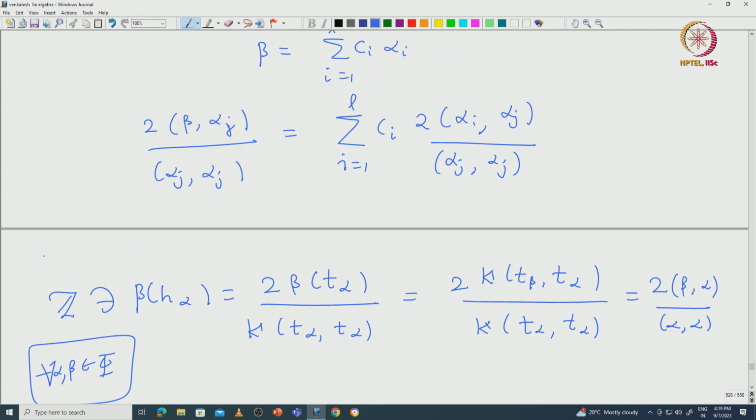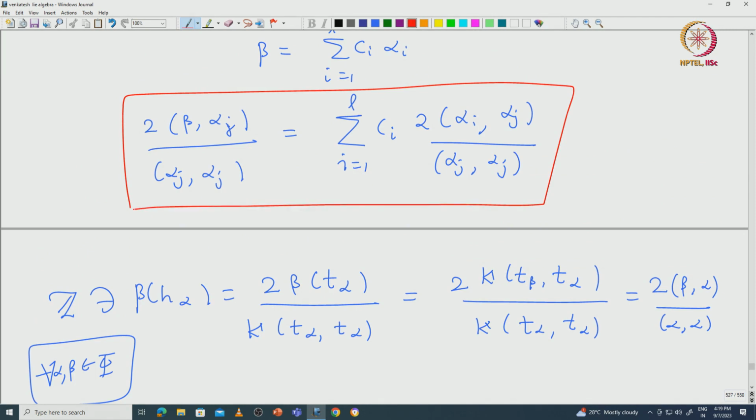So, this is what we are going to use, in particular this equation. If you treat the C_i's as unknowns, then all these numbers appearing here, 2(beta, alpha_j)/(alpha_j, alpha_j) and these numbers 2(alpha_i, alpha_j)/(alpha_j, alpha_j), are all integers. So, this star can be treated as a system of L equations with L unknowns over integers.